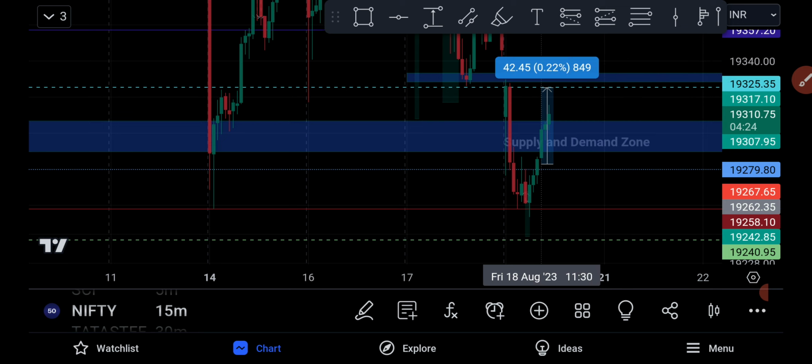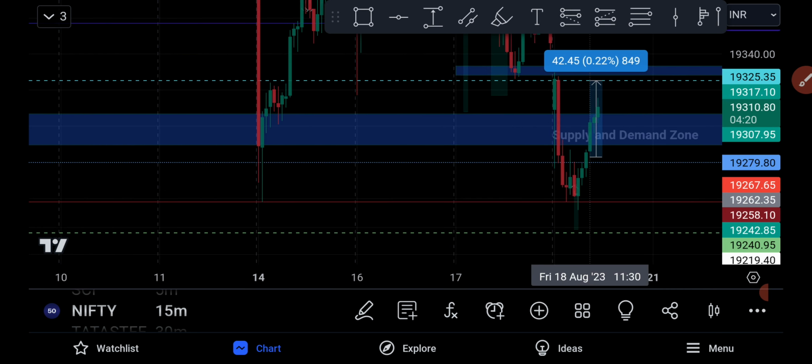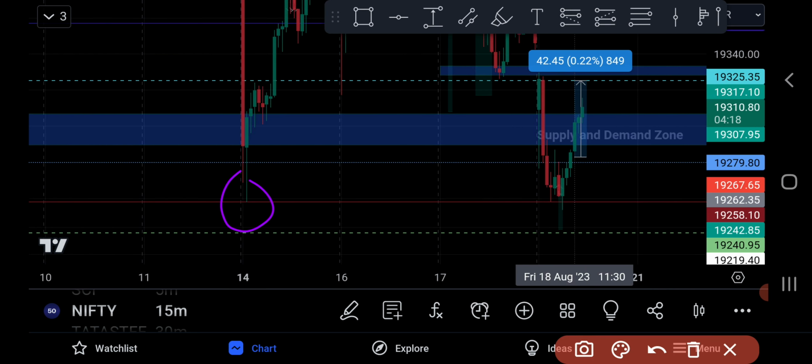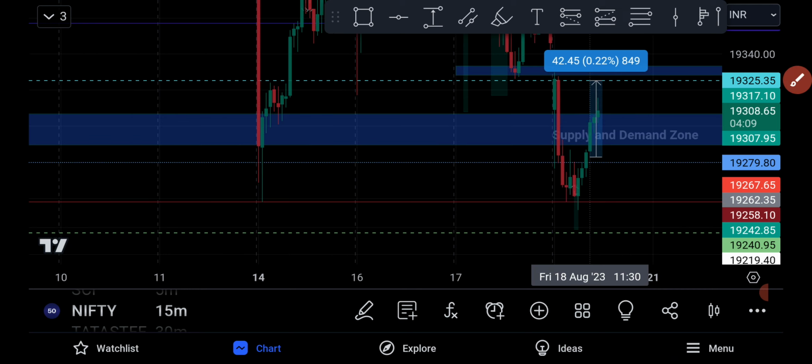Why I'm saying this is because, as you can see here, when the market touched the line, immediately the buyers just pushed it upside, and again the market touched this line, and again tried to push upside. Why am I telling you all this?